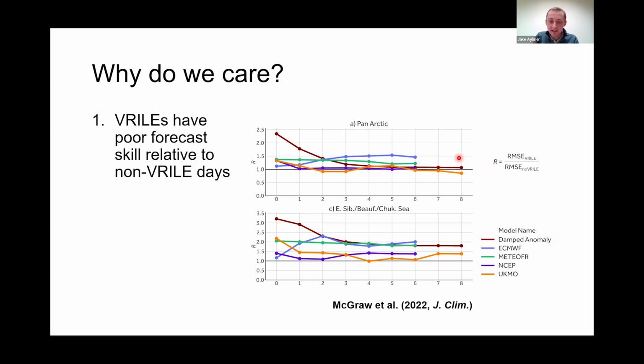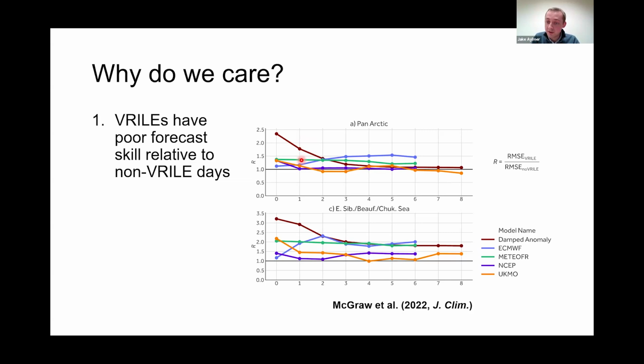I've picked out a couple of their examples from their figure here, and you see that at these short lead times of a few days, the error in the forecast of rapid ice loss events is in some cases 2 times the error of your regular sea ice forecast.